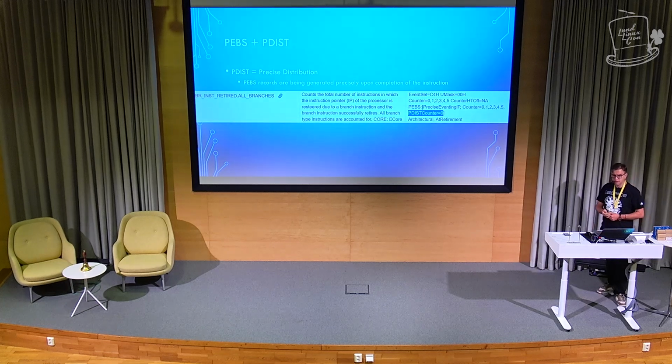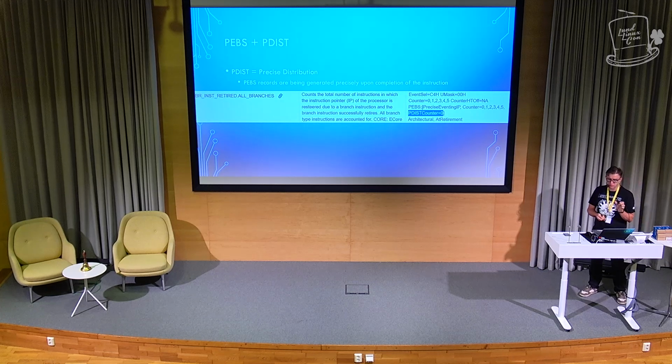Now, the hardware even has the PDIST functionality, which is precise distribution. If we go back to this branch instructions event, for example, as I said before, it can be mapped to any of the 6 available counters, but only one of these 6 counters is PDIST enabled. Unfortunately, even modern Intel processors do not have more than 1 or 2 PDIST counters, so you can't do that much, but this is what we have.